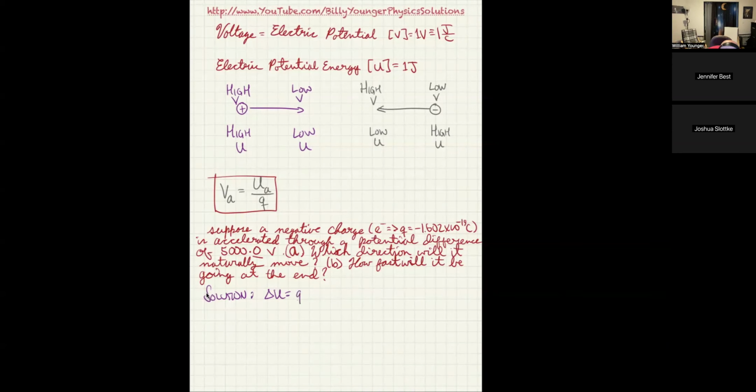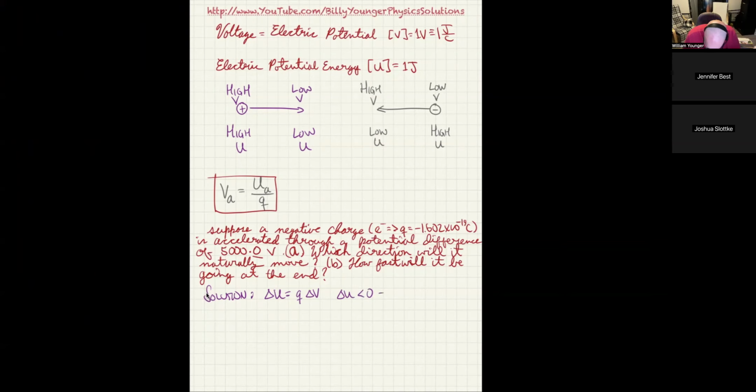Q times delta V. So that works fine. What we want though is we want delta U to decrease, because that's the way an electron would naturally go. So delta U should be less than 0.